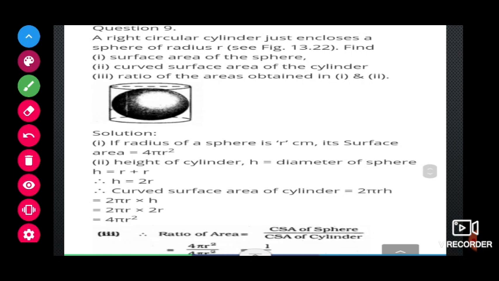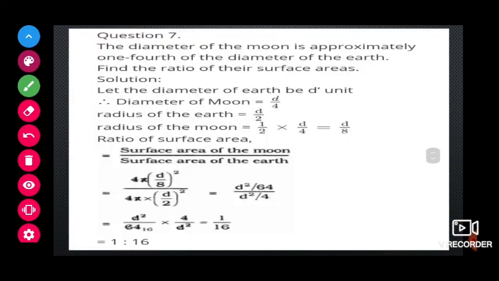Okay. Next, a right circular cylinder just encloses a sphere of radius r. Find the ratio of the surface area of the sphere and the curved surface area of the cylinder. Here, children, first they have given that the right circular cylinder just encloses a sphere of radius r. The sphere's radius will be r.